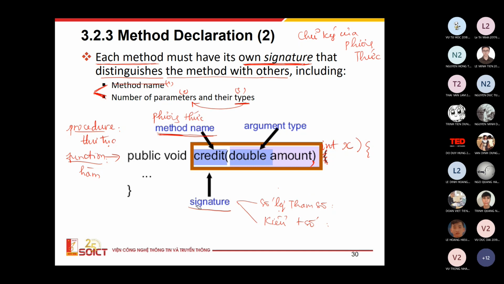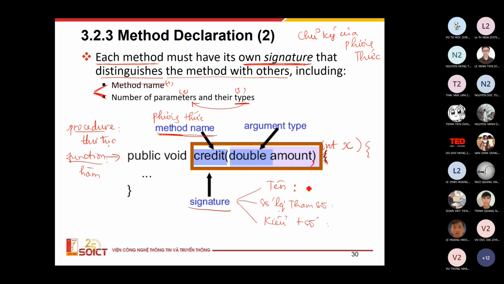For example, I add another parameter like int. What is the signature of this method? Đặng Trung Anh. Can you answer it?